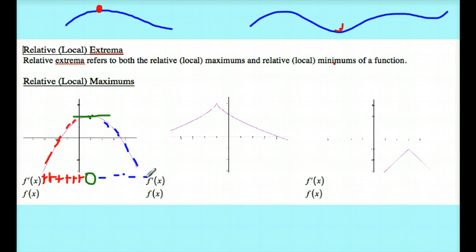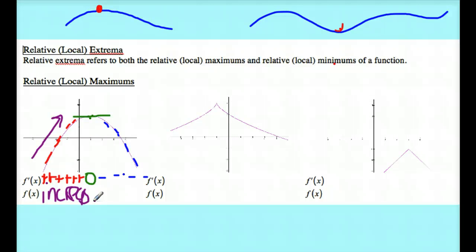So let's take a look at what's happening at this graph. On this plus side, my graph is increasing. Aren't the y values getting higher and higher? So we're going to say this side is increasing. Okay, I don't have room for that, but it's increasing.